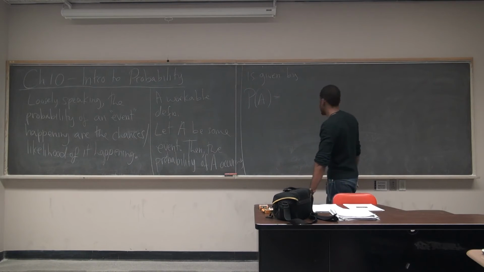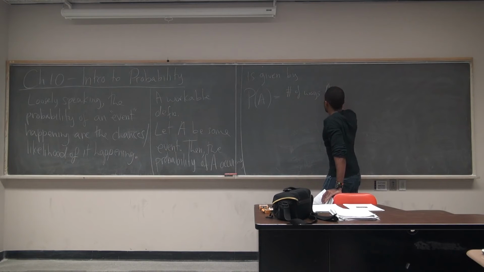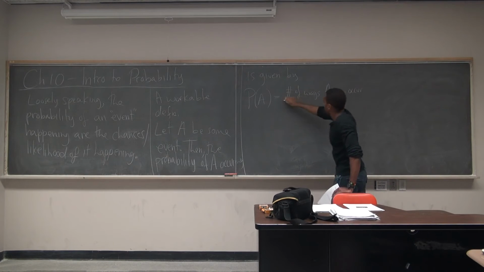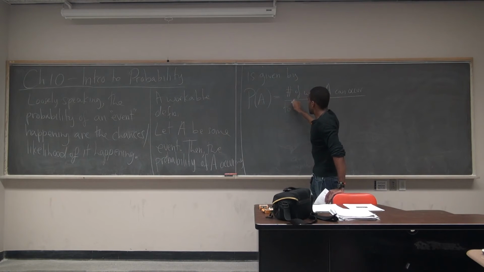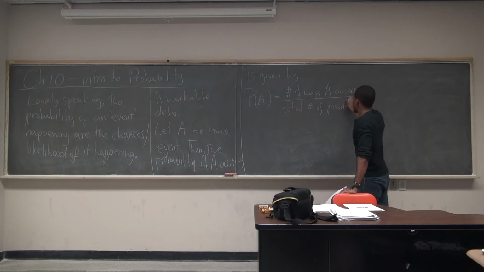And roughly speaking, it's the number of ways A can occur divided by the total number of possible outcomes.